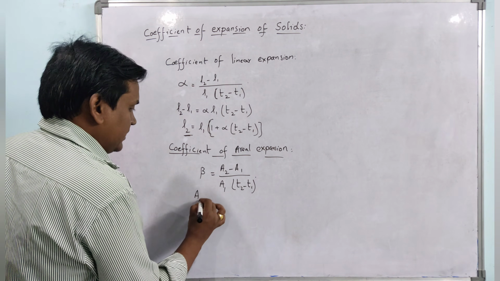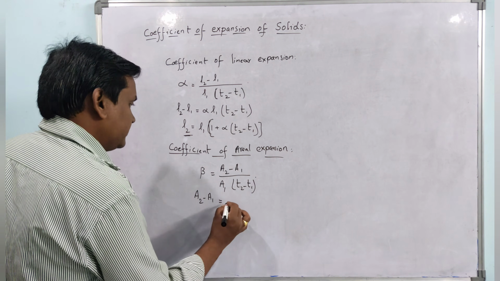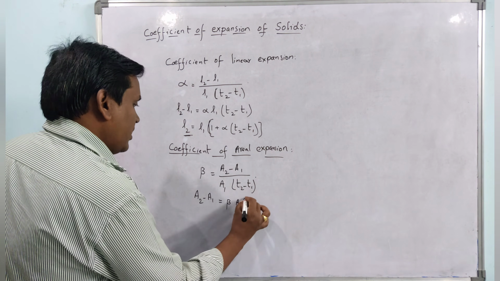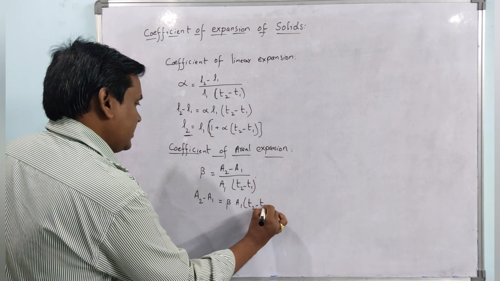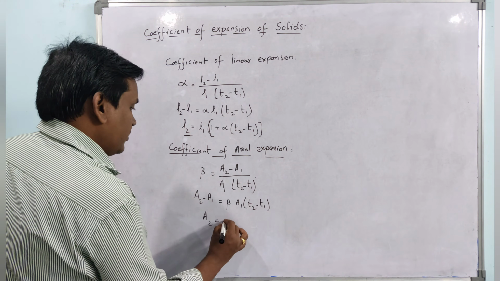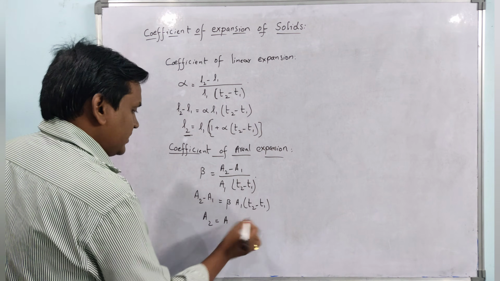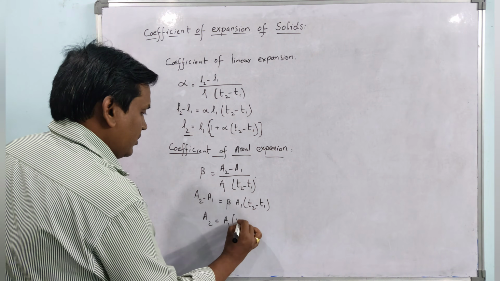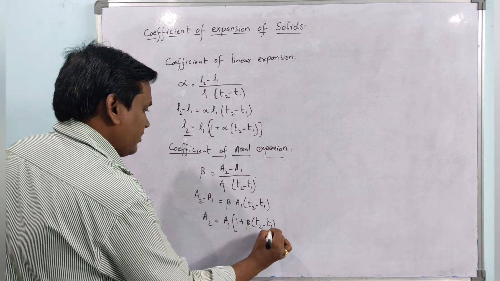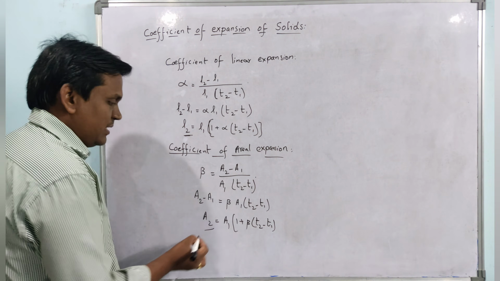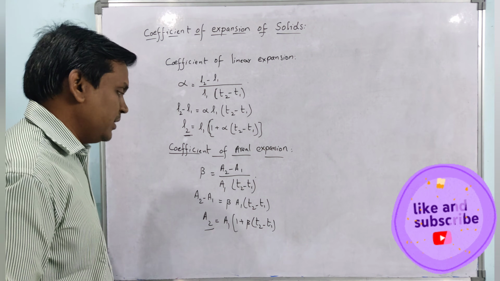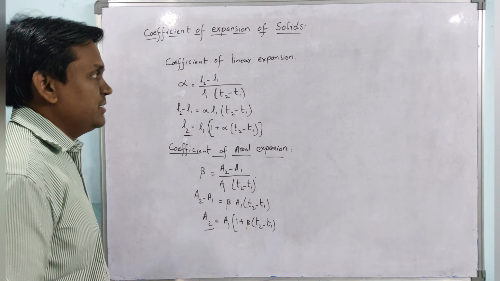So for that, A2 minus A1 equal to beta into A1 of T2 minus T1, and if you take A1 common, A2 equal to A1 of 1 plus beta into T2 minus T1. So this is the final area, A2 equal to A1 of 1 plus beta into T2 minus T1.